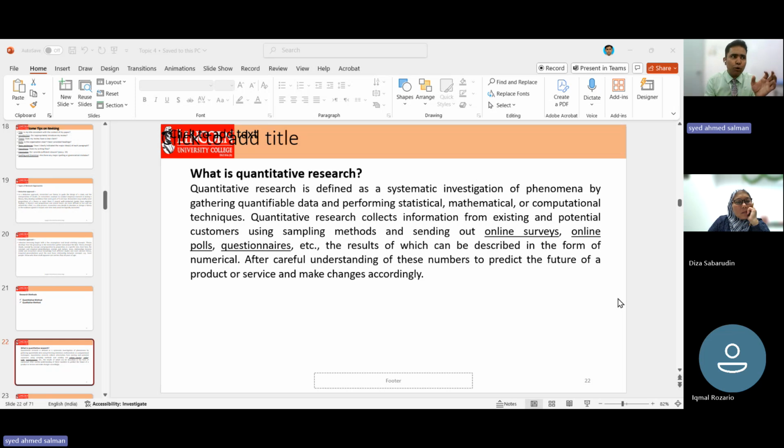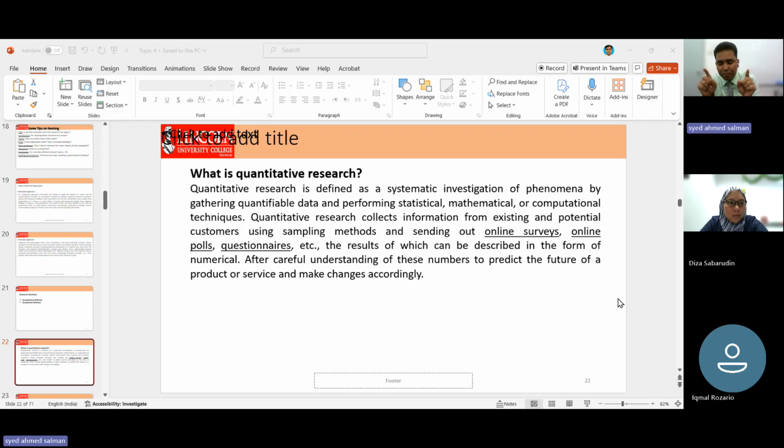We are going to do probability sampling and non-probability sampling. In probability sampling, we are talking about random sampling, stratified sampling, and cluster sampling. However, in non-probability sampling, we are talking about purposive sampling, convenience sampling, quota sampling, judgmental sampling, and snowball sampling.